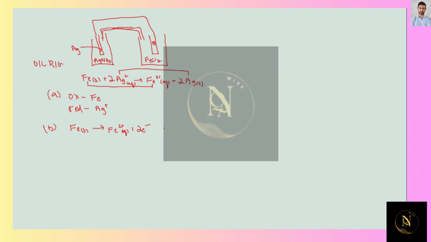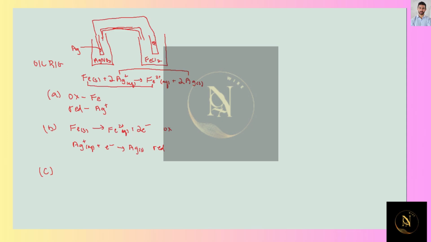That is my oxidation half reaction. For the reduction half reaction, I have silver ions aqueous plus an electron forming silver metal, solid.